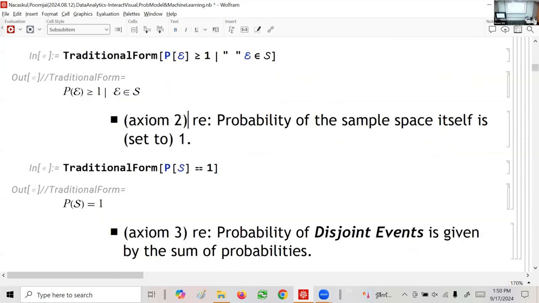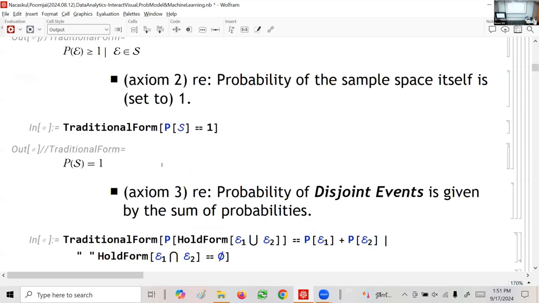This is called the first axiom. The second axiom: the probability of everything, that means the whole possibility, is 1. So there's no 110% sure. It's only 100%. So the probability of the sample space itself is equal to 1. This is how I write it.